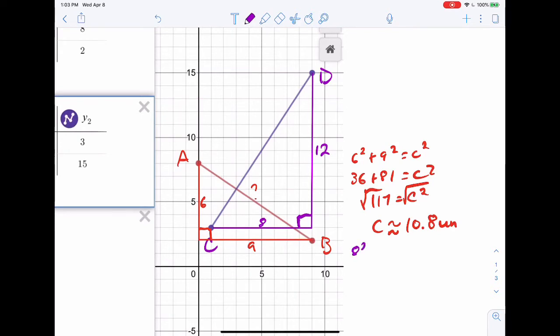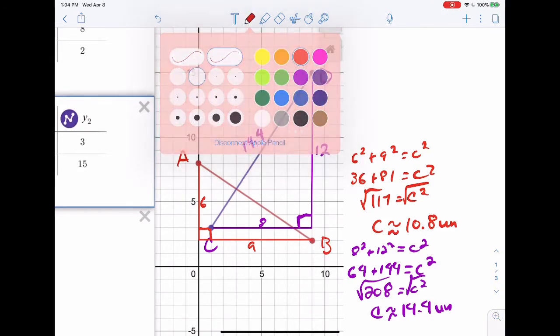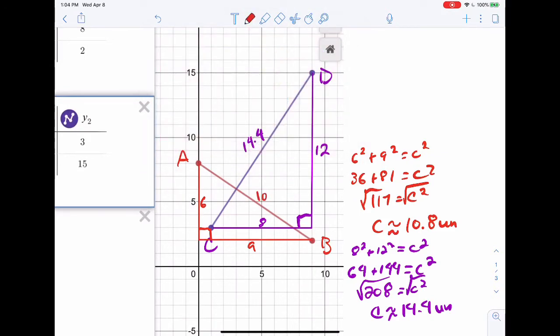And so 8 squared plus 12 squared equals c squared. And so 64 plus 144 equals c squared. 208 equals c squared. Take the square root of both sides, and we get c is approximately 14.4 units. So this is 14.4, and AB is approximately 10.8.